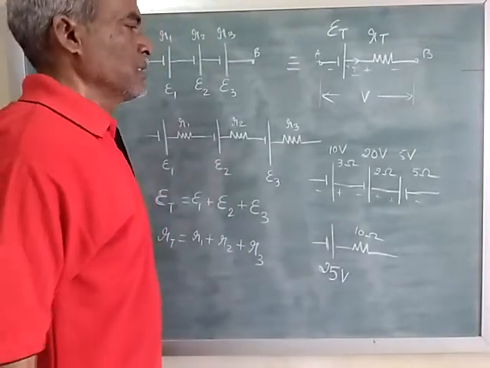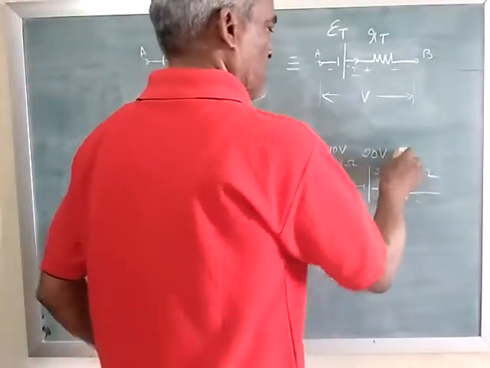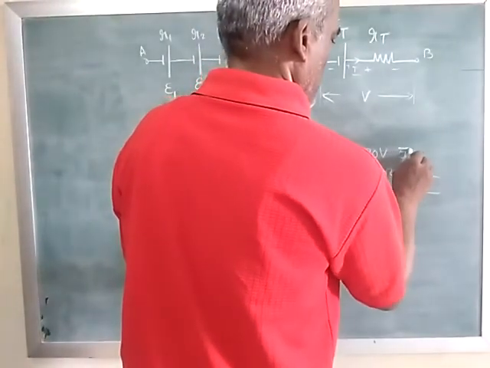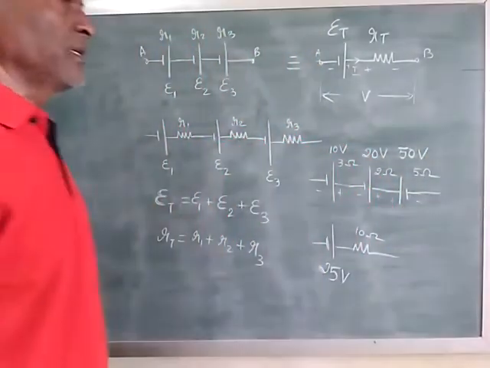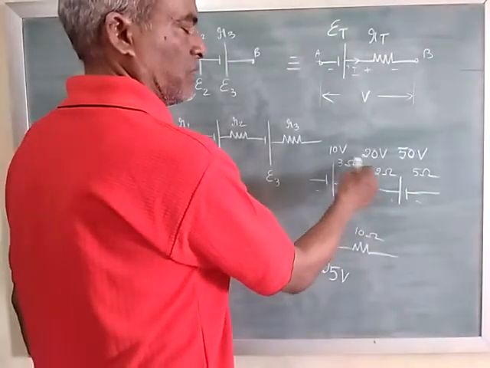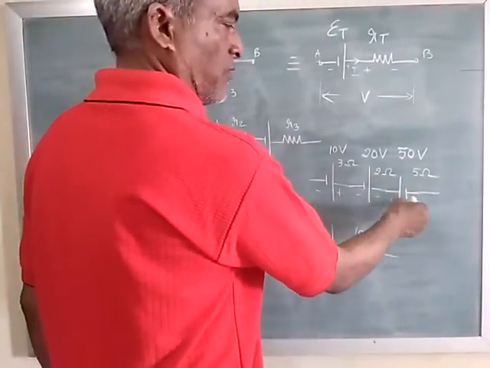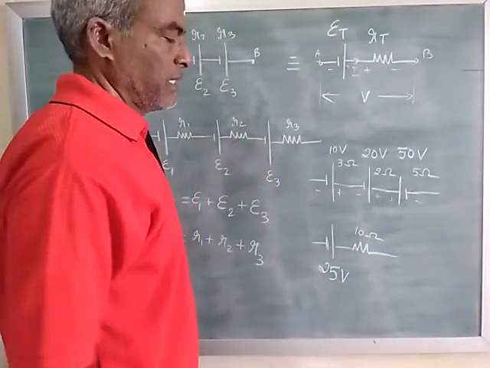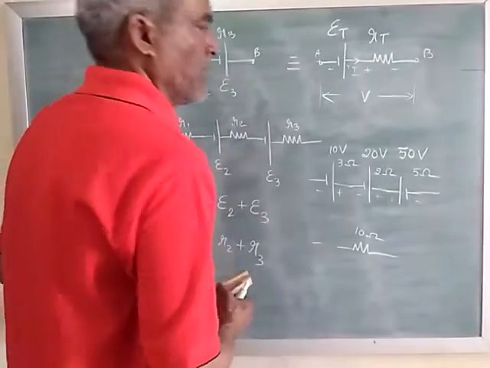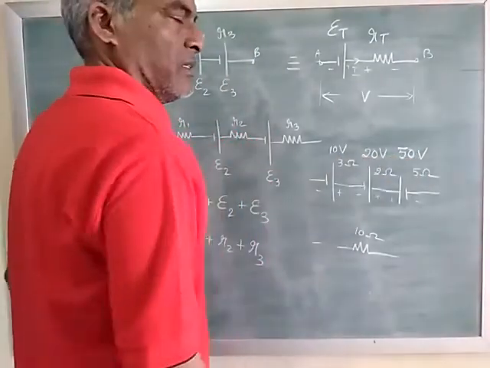Okay. Suppose assume it is 50 volts. So in that case what happens is these two rise in this direction, which is 30, but this is fall in potential 50. That means we can draw the diagram like this. 30, this is 50, this is higher voltage.